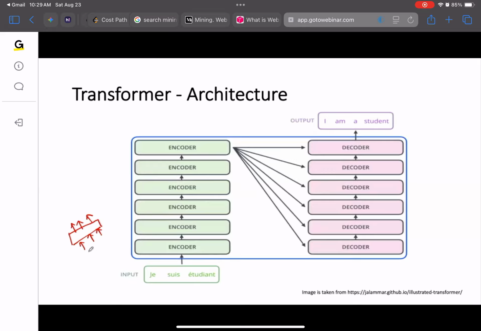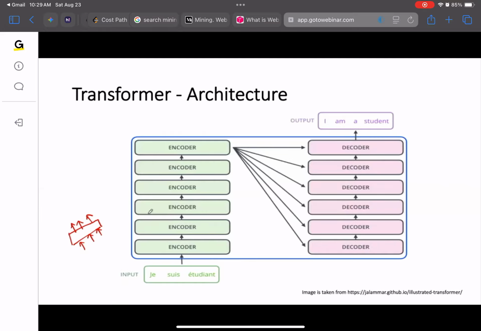To start with, for each word we typically use word2vec or GloVe word embeddings to represent these word vectors. Once we start with these embeddings, the encoders transform these representations to generate new vectors for each of these words.